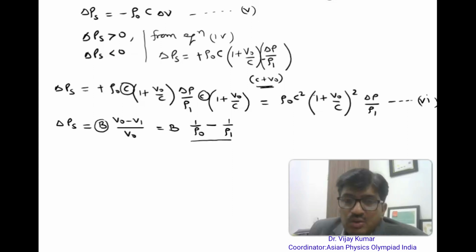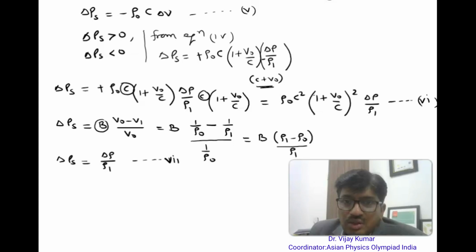After solving it, it becomes B (rho 1 minus rho naught) upon rho 1. Rho naught cancels out, and delta PS becomes B delta rho upon rho 1. This is equation number 7.